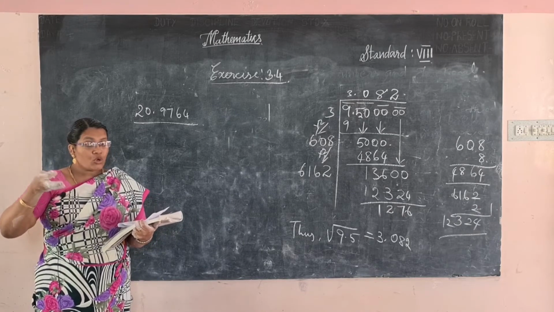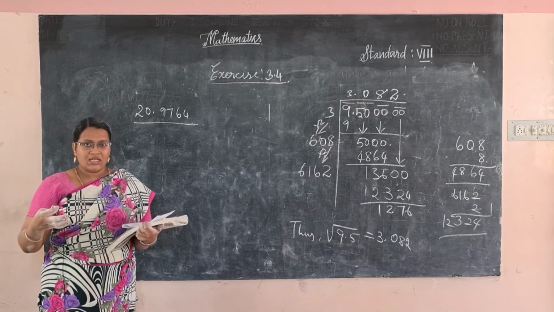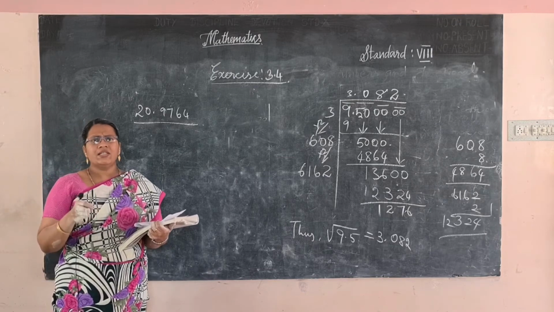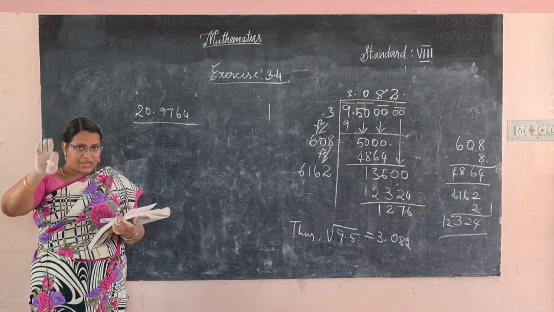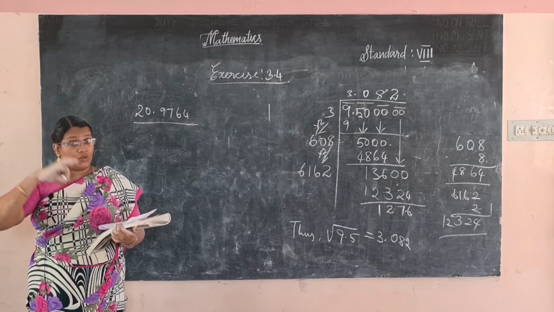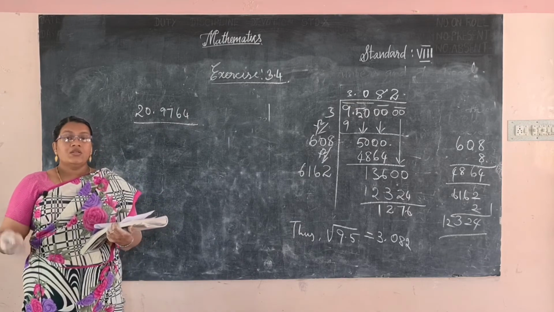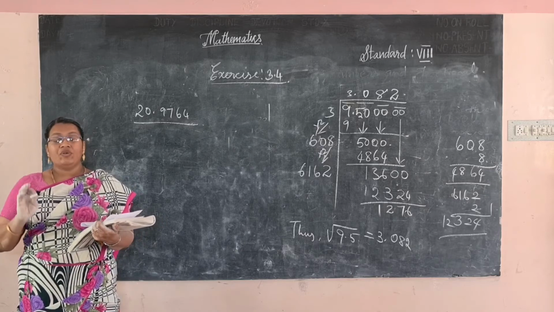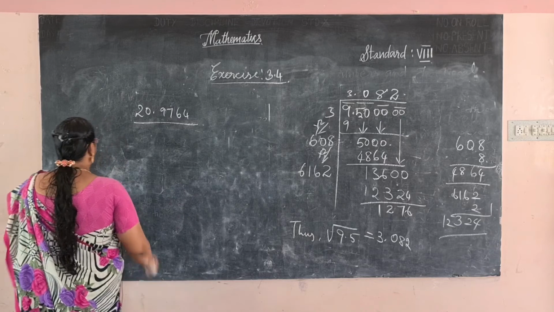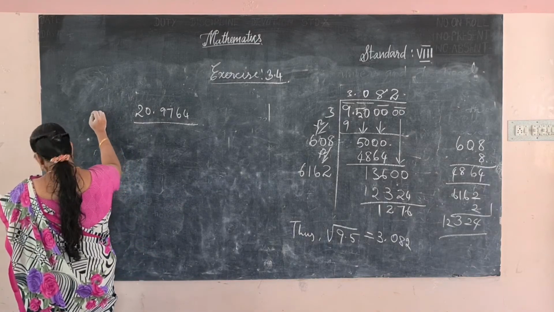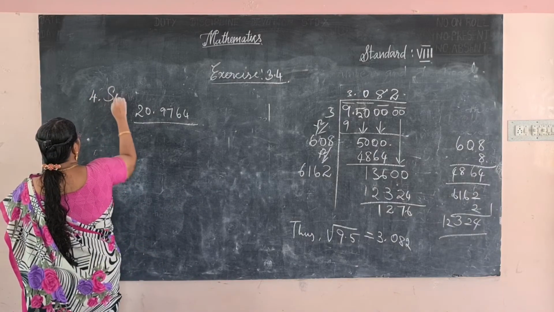Square. Any number multiplied by itself is called the square. The square value is given, and we have to find that number. So how to find it? We have to find the square root of this value. The fourth problem.